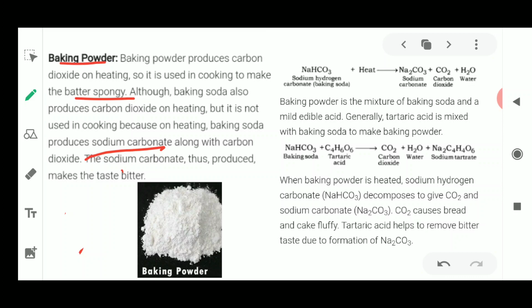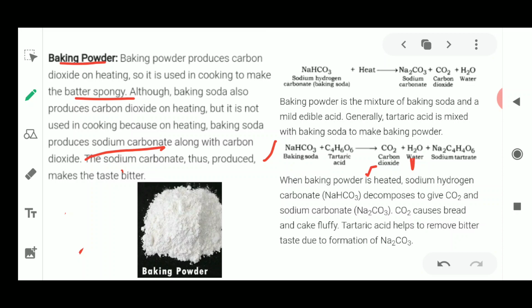See here it's written: baking soda, and then we add tartaric acid. The formula for tartaric acid is C4H6O6. Then it produces carbon dioxide, water and sodium tartarate, Na2C4H4O6. When baking powder is heated, sodium hydrogen carbonate decomposes to form carbon dioxide and sodium carbonate.